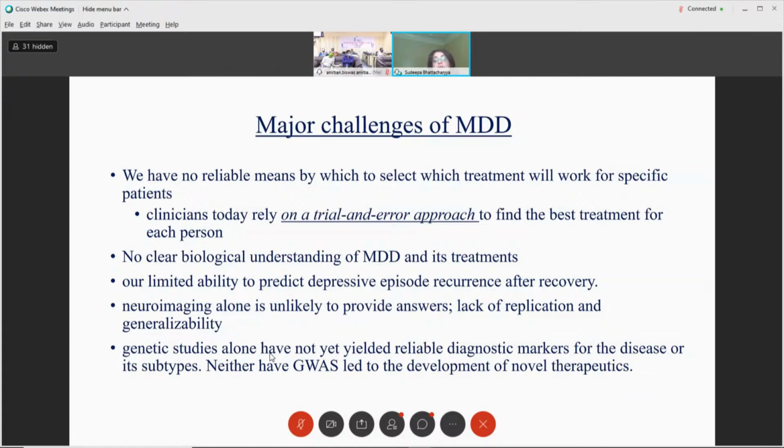And we found that neuroimaging analysis alone, often genetic analysis alone, do not yield reliable diagnostic markers for the disease or its subtypes. In fact, the disease is reported to be polygenic, and so these SNPs contribute by small amounts to the disease.